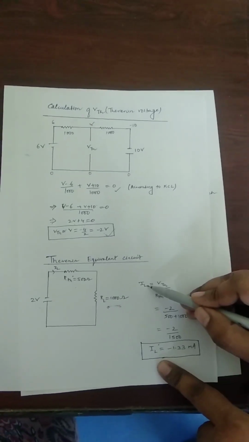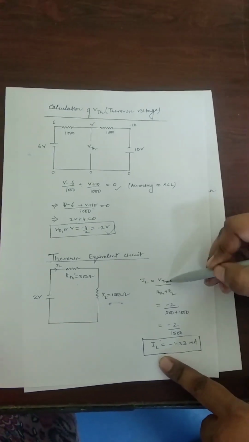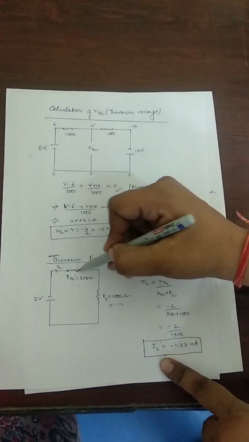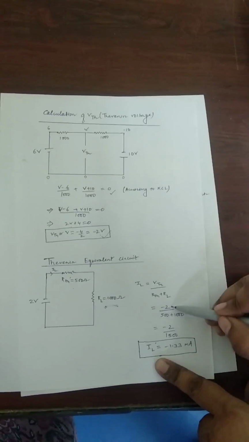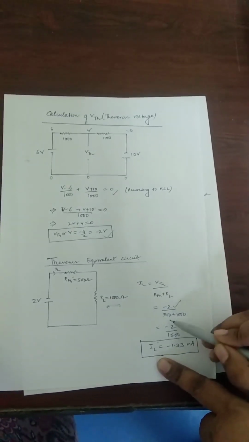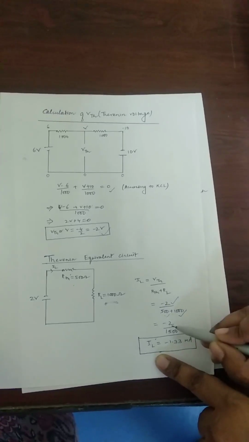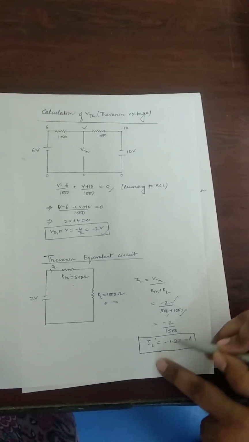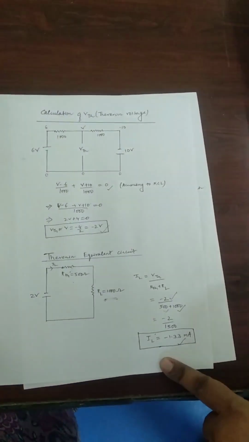From Ohm's law, I equals V by R. So VTH divided by RTH plus RL, which are in series. So minus 2 volt divided by 500 plus 1000, that is minus 2 by 1500. We have got the value of IL as minus 1.33 milliampere.